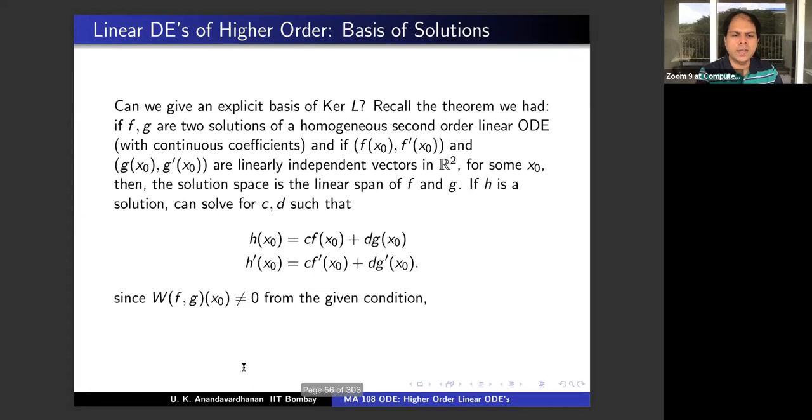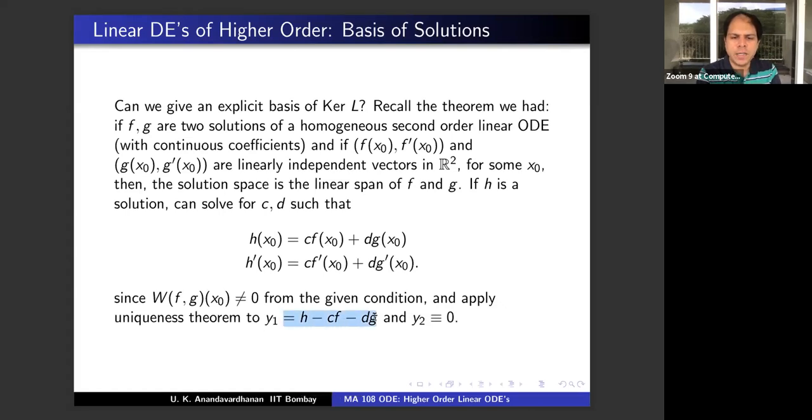This you can write as a matrix, and the determinant of the matrix is non-zero, as given. Therefore you can solve for c and d. You can use Cramer's rule, whatever. Then apply the uniqueness theorem finally to which function? You can apply it to the function y1 equal to h minus c f minus d g, and y2 identically 0. What is the IVP here?